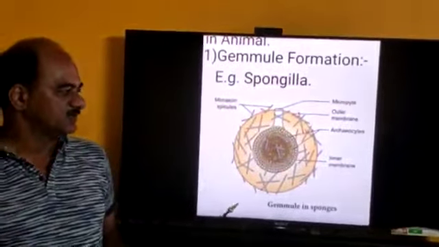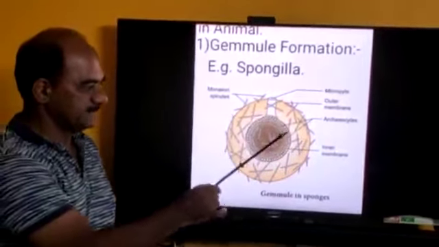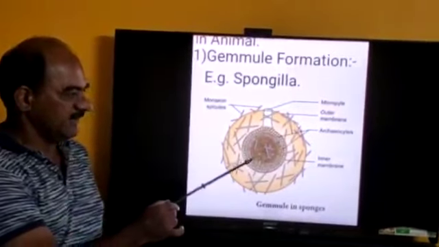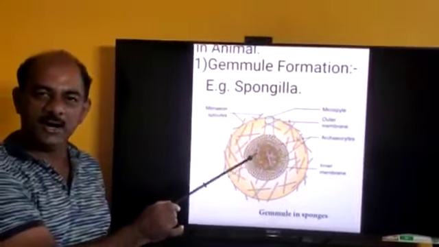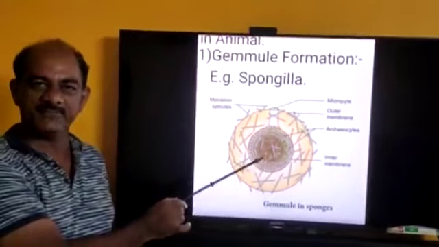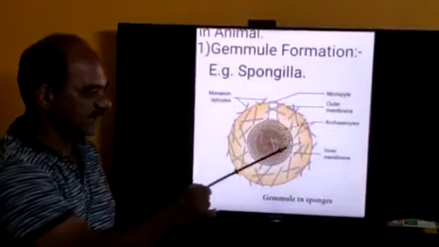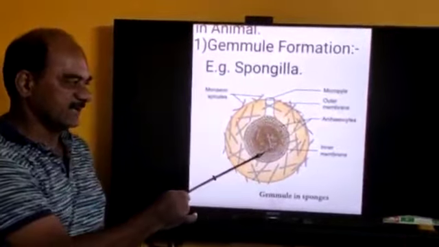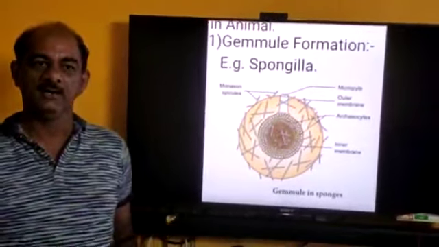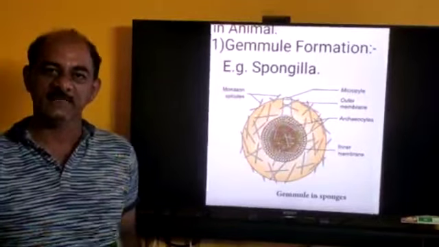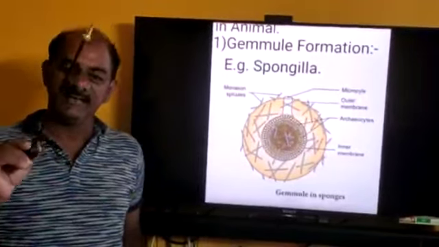In the gemmule of Spongilla, a type of cell is present that is called a dormant, or undifferentiated, cell. That cell is called an archaeocyte, and archaeocytes are also called totipotent cells. Totipotent means it has the ability to divide and to develop an entire organism.